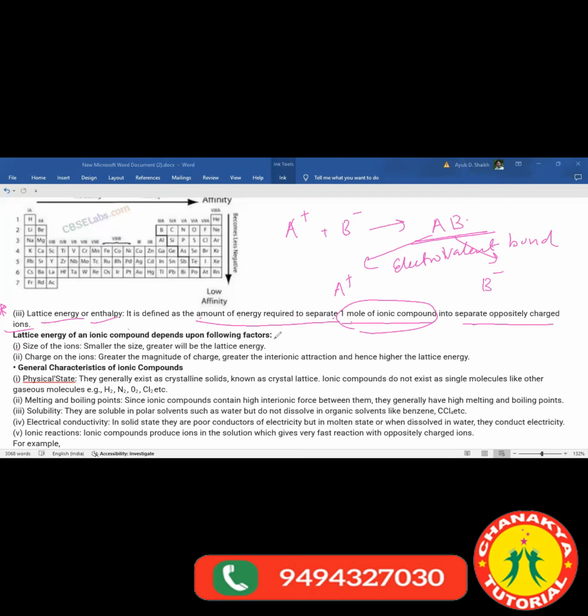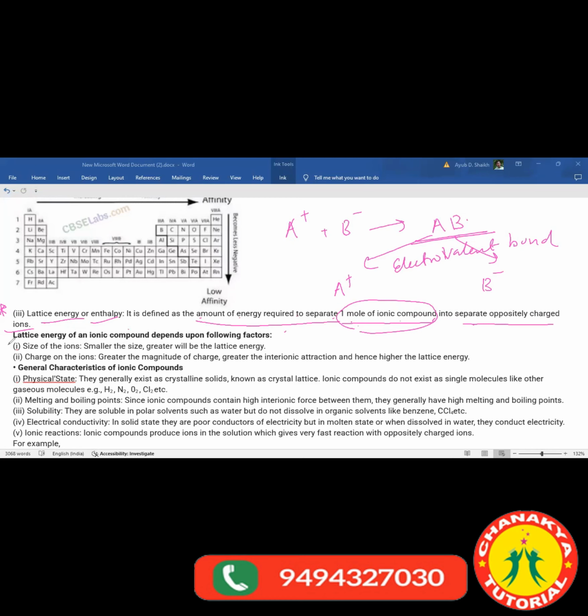The amount of energy required to separate 1 mole of ionic compound into oppositely charged ions is called lattice energy. Lattice energy of an ionic compound depends upon different factors.